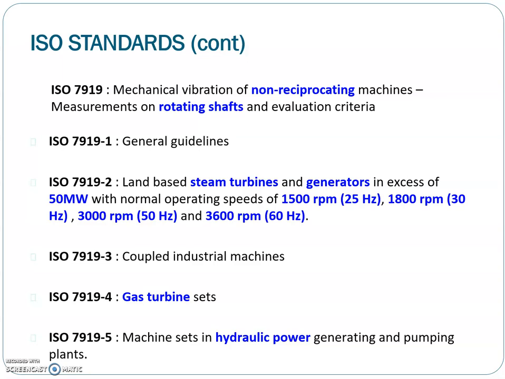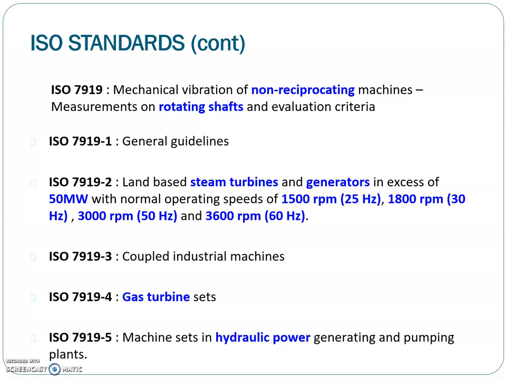Part 1 is again the general guidelines. Part 2 focuses on vibration of the rotating shaft of steam turbines and generators. These Part 1 and Part 2 have been revised in 2016 and 2017 to be incorporated into ISO 20816. Part 3 covers most of the coupled industrial machines.